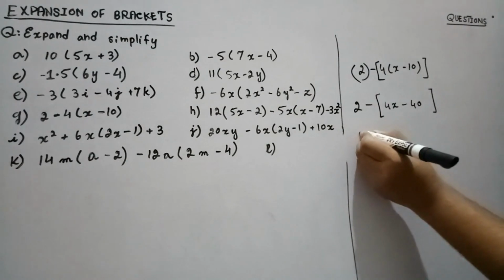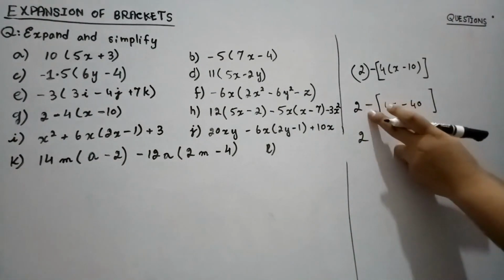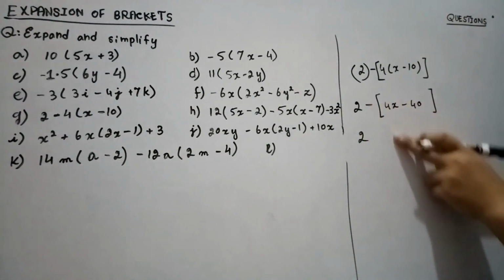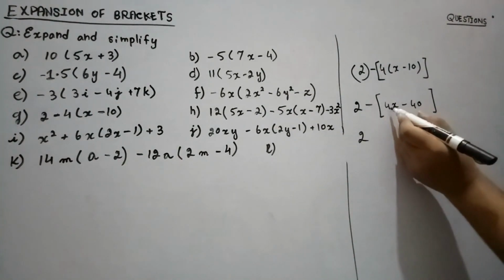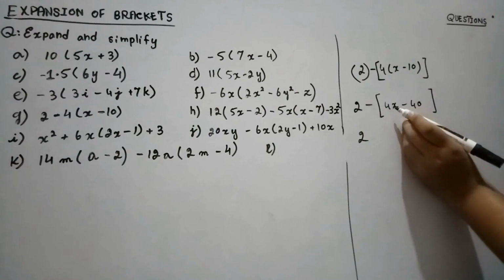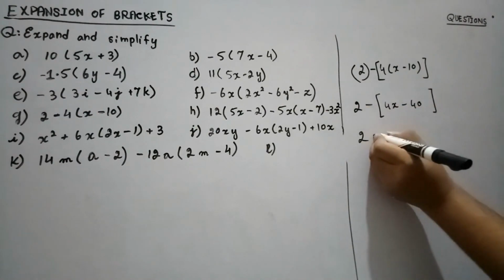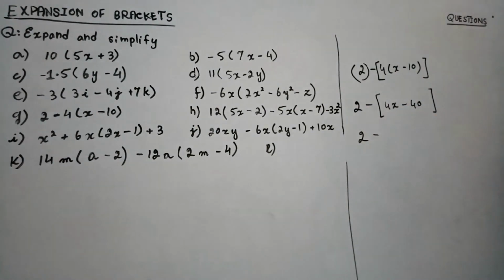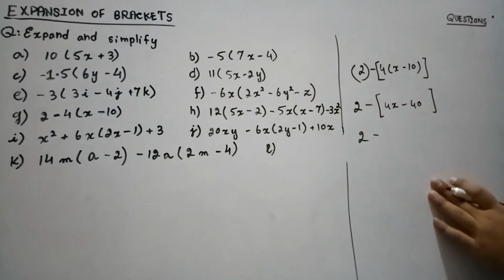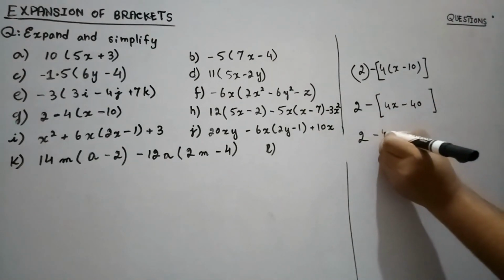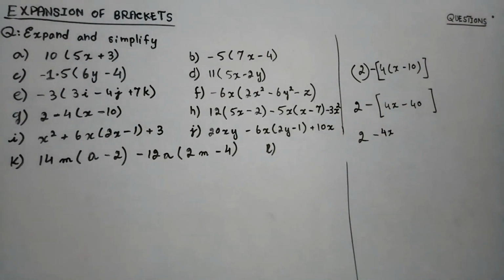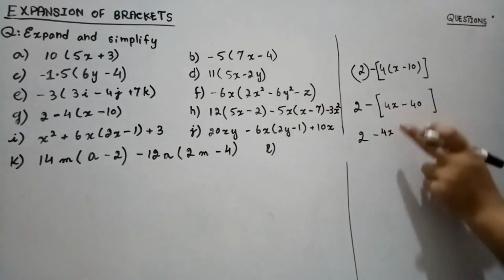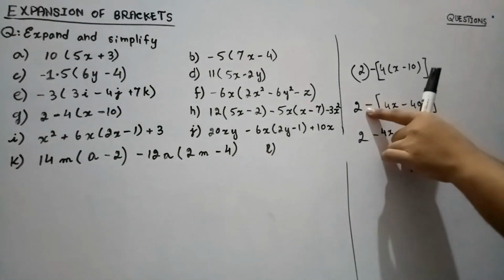So I write this 2 as it is, and this sign is going to multiply by this one and this one, because here we have two terms. Minus plus, because here we have a positive 4x, so minus plus will be equal to minus, and I will write this 4x as it is because there is no constant or variable to multiply.